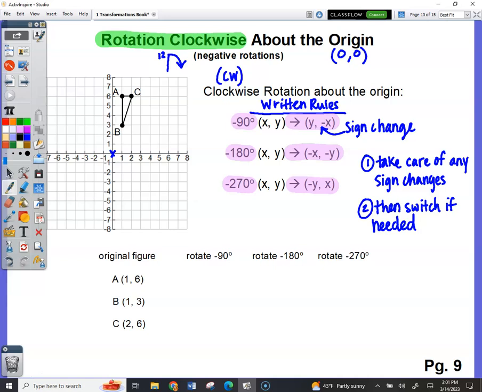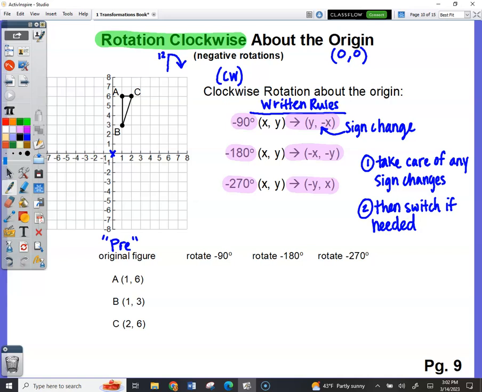So the original figure, which is called your pre-image, you already have your coordinate points. Now we're going to rotate clockwise 90 degrees. Okay? Let's copy the written rule right above the 90 degrees right here. What is the written rule for rotating 90 degrees clockwise?